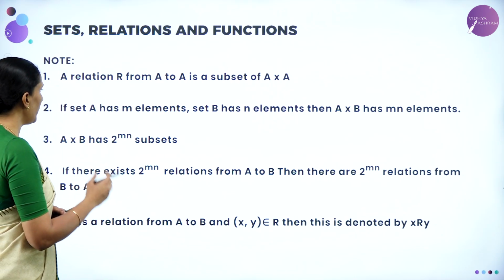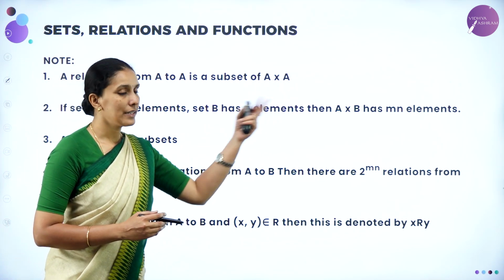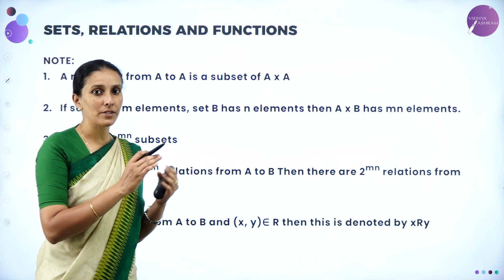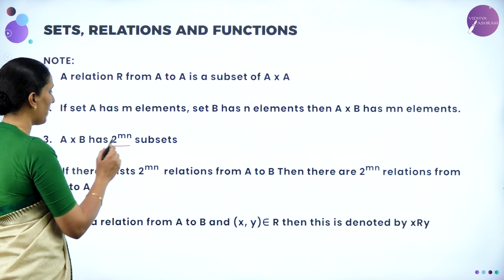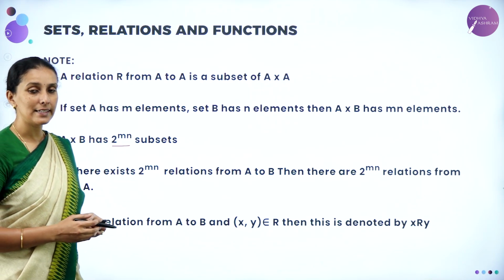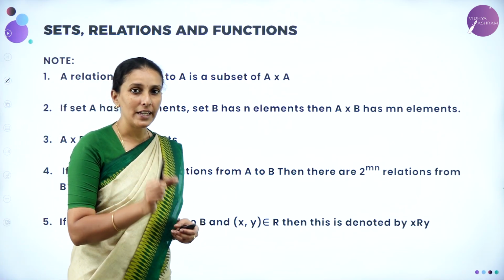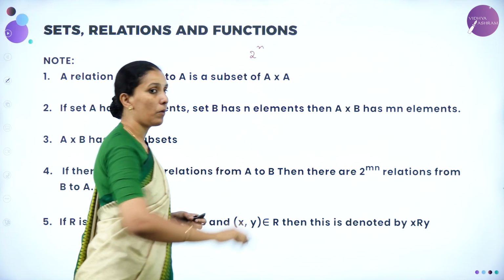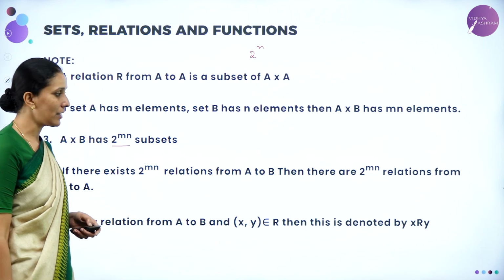Now, we know that if mn is the number of elements in the Cartesian product, then obviously the number of subsets will be 2 to the power mn. So we have already studied under sets that if a set contains n elements, then 2 power n represents the number of subsets of the given set.